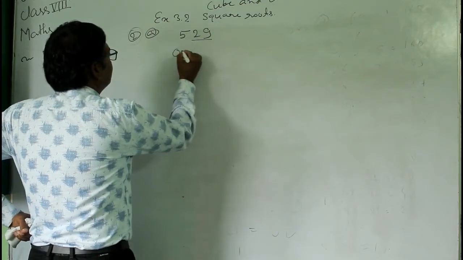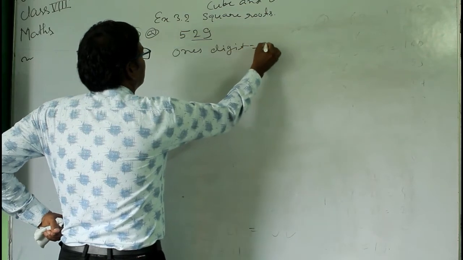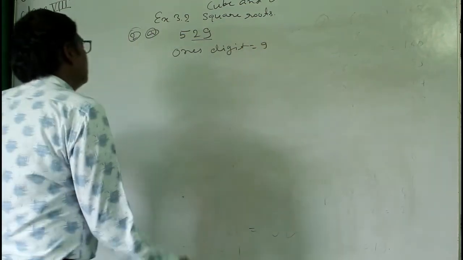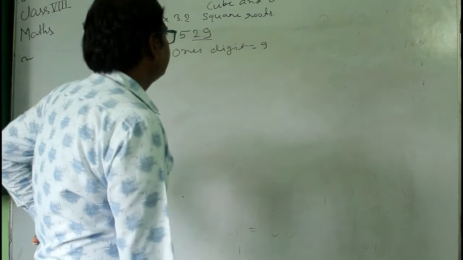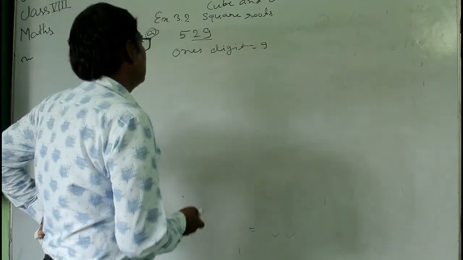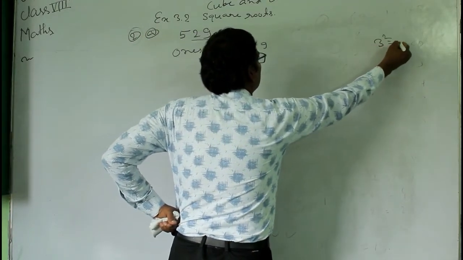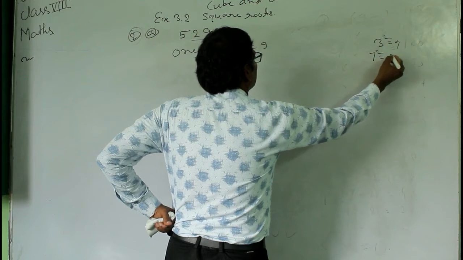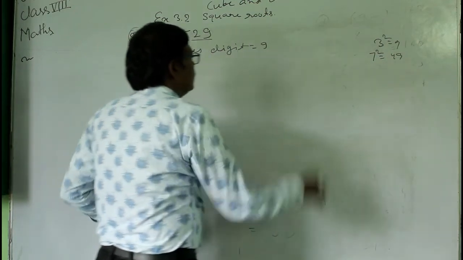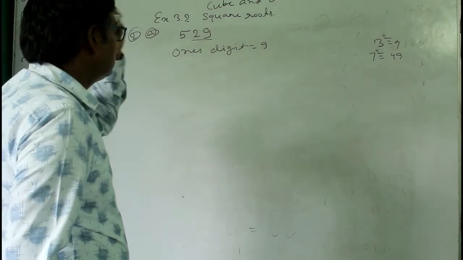You know that 9 is the square of 3. In 2 ways you will get 9: 3 square equals 9, and 7 square equals 49. So in these 2 cases you will get 9 as the ones digit.